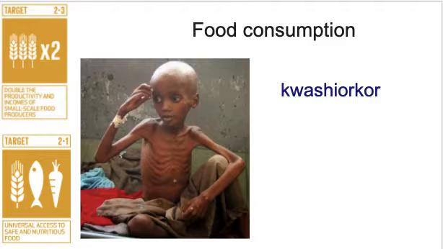Marasmus occurs up to about the age of 1. And it can be distinguished from Kwashiorkor in that Kwashiorkor is just a lack of protein, but there is adequate energy intake.